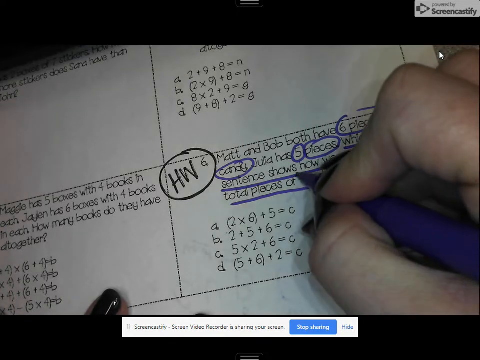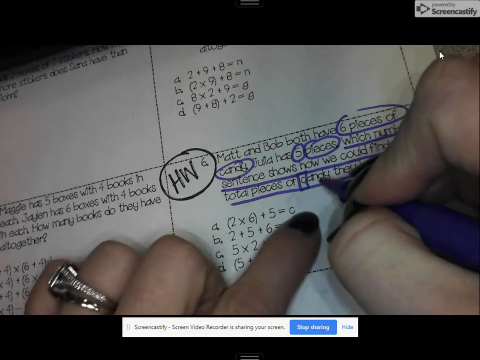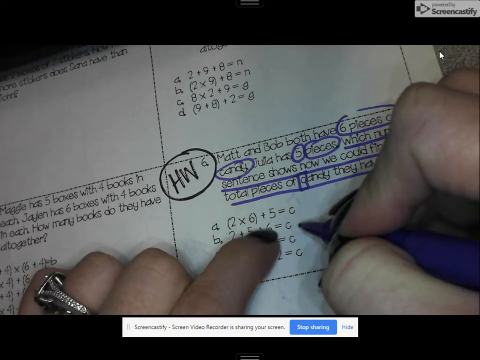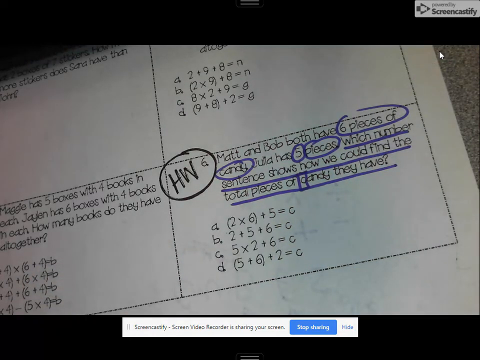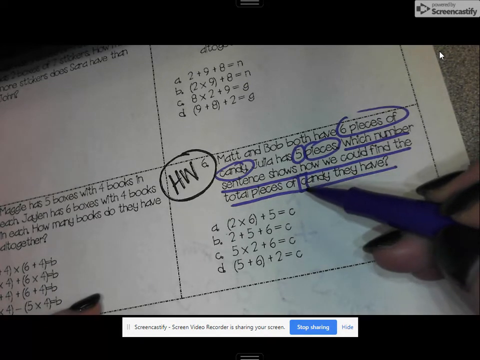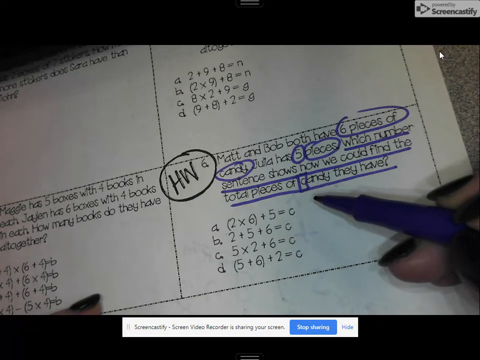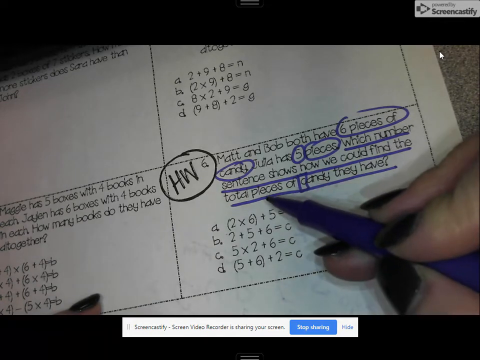We've been talking about how we can use the first letter of the unit we're looking for to represent that. Sometimes when the kids start to see letters in math, they start to panic, but we just talked about how this is just going to represent your total number of pieces of candy. So we still know we're looking for pieces of candy.